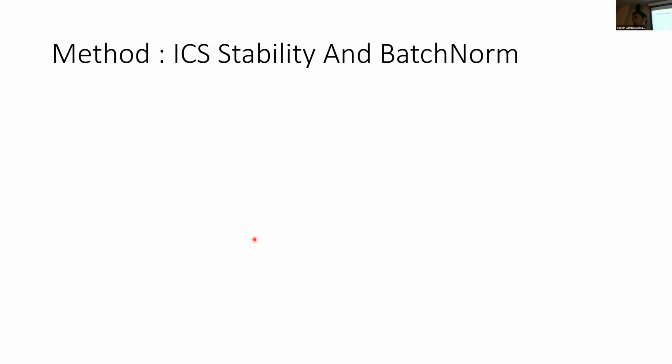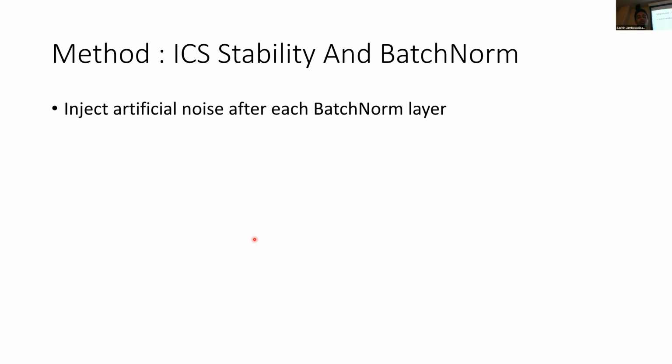So the first thing this paper measures is the relation between stability of covariate shift and the effect in batch norm. So what they do is they artificially inject some noise after the output of each batch norm layer.